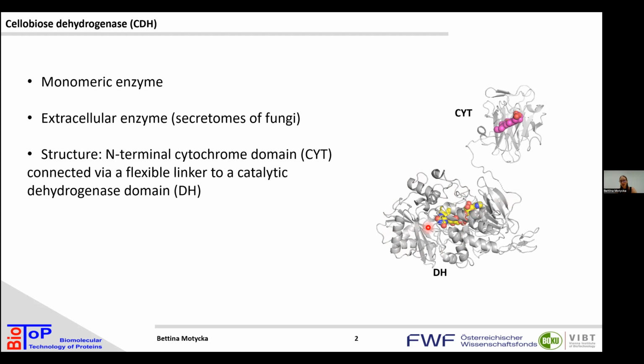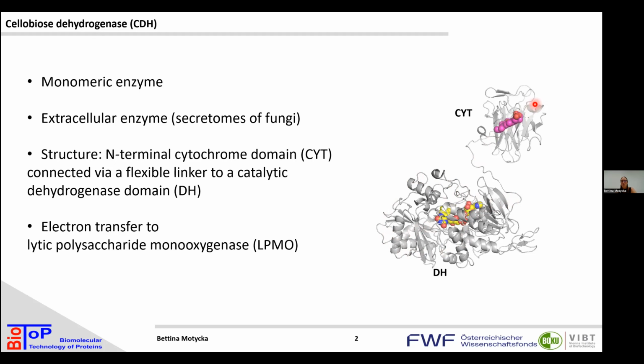Then an interdomain electron transfer occurs, where the electron is shuttled from the FAD to the heme B, and from the heme B it can then be shuttled further to, for example, biosensors or to lytic polysaccharide monooxygenase, which is then responsible for the cleaving of glycosidic bonds. It's known that this CDH-LPMO system together really enhances biomass degradation.